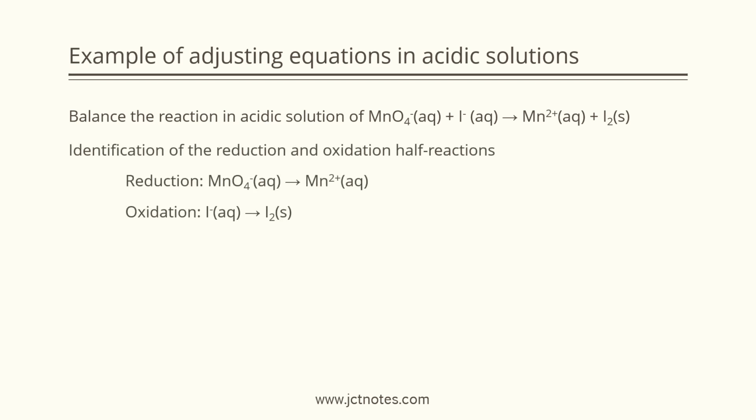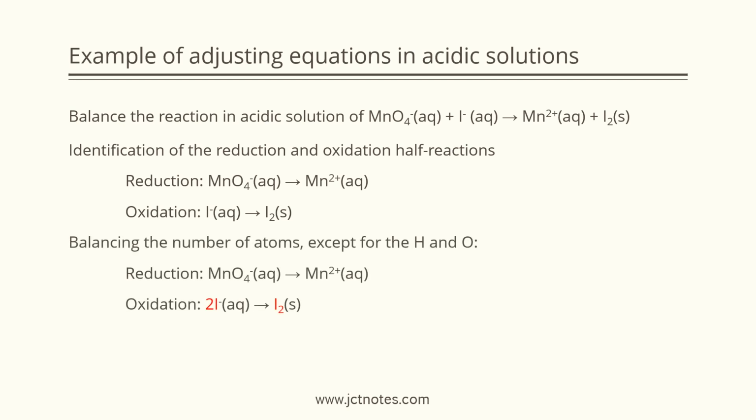In the first step, we identify both half reactions. As the manganese in the permanganate has an oxidation state of +7, and as an ion appears as +2, it is therefore the element that reduces. On the other hand, the iodide, with an oxidation state of -1, changes to iodine with an oxidation state of 0, and is the element that oxidizes.